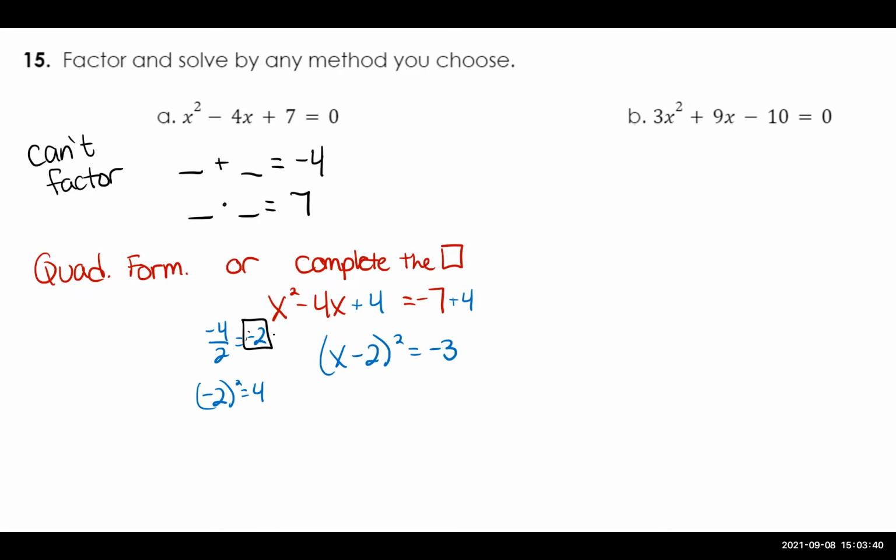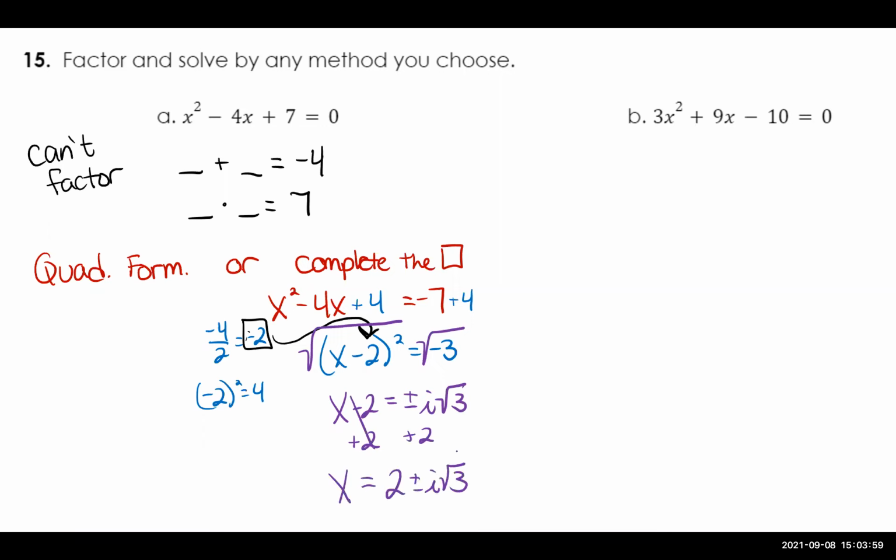Then we want to square root both sides. So I have x minus 2 equals plus or minus i root 3. Get x by itself. And that's our answer.